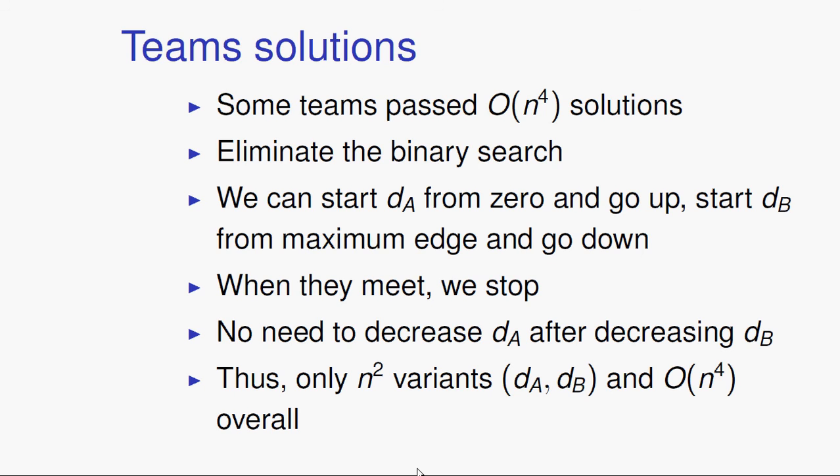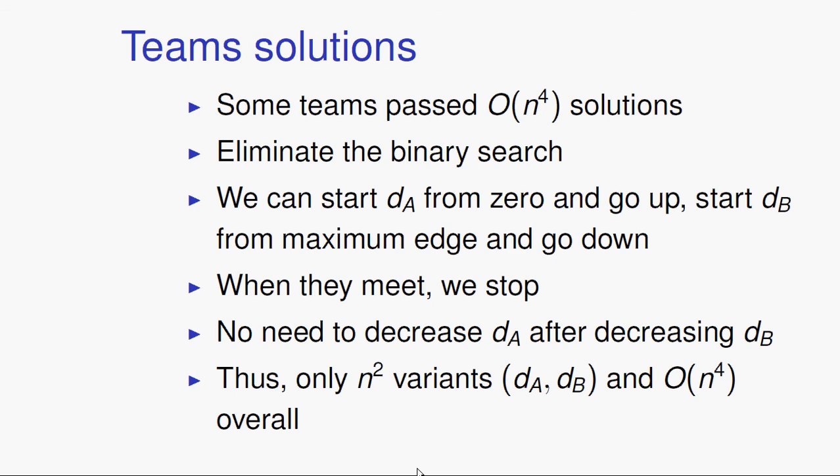And so overall we will make only n squared iterations in both the outer loop and the inner loop, because we make n squared iterations at most in the outer loop, and in the inner loop the dA can go only from the smallest edge to the biggest edge without decreasing ever, and so it will make at most n squared steps overall.